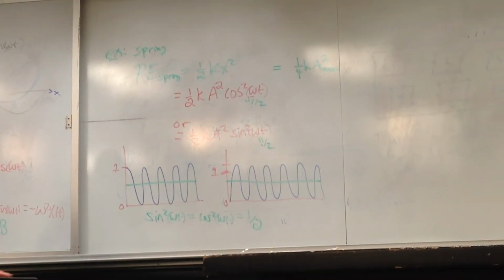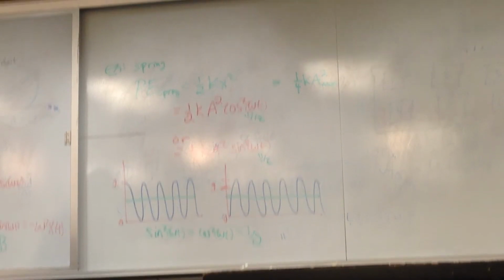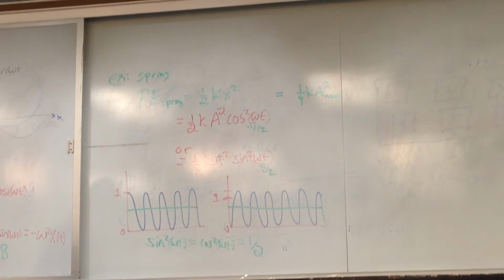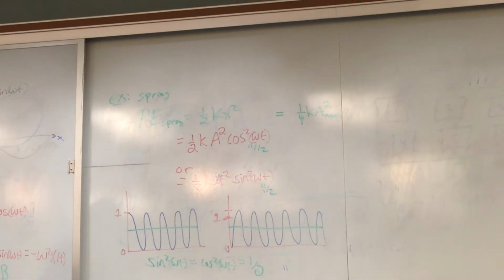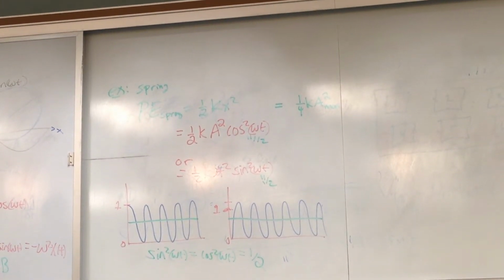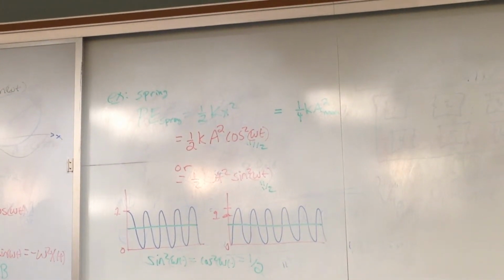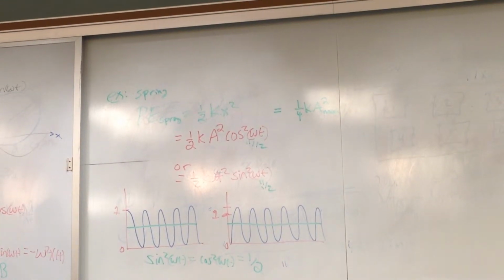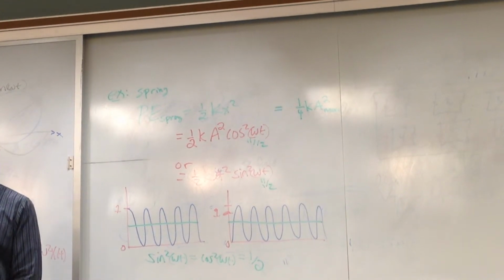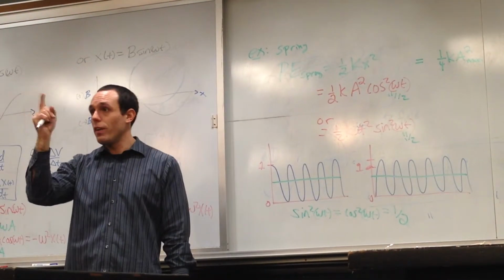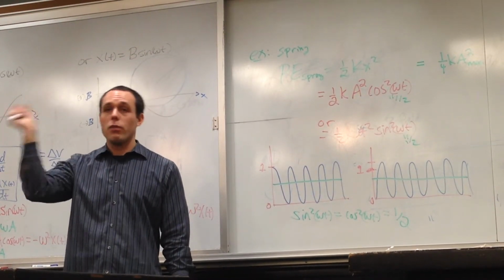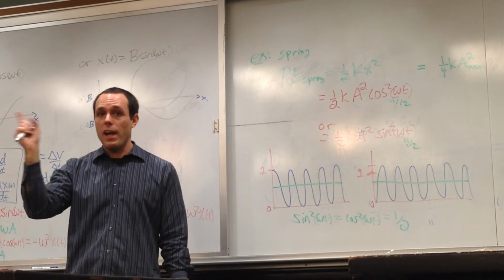And I believe when you did your lab with the spring, this was one of the results that you were supposed to get, what the potential energy was, or they did that in the derivation. But it basically just becomes 1/4 k A squared, and that's just because sine squared or cosine squared, if you do it enough times, which really means if you just let that spring go back and forth for many oscillations, so that it isn't just one oscillation but many, the average value of cosine or sine squared is the same, it's 1/2.